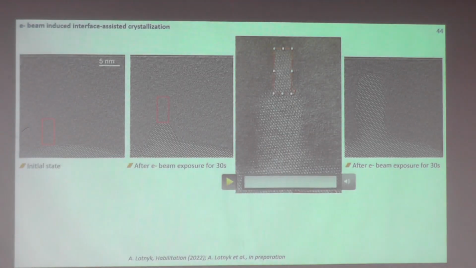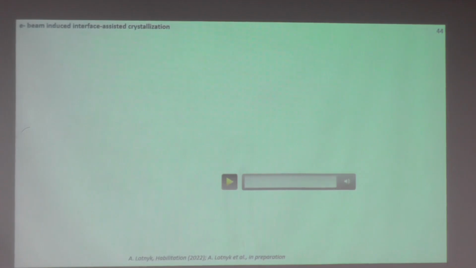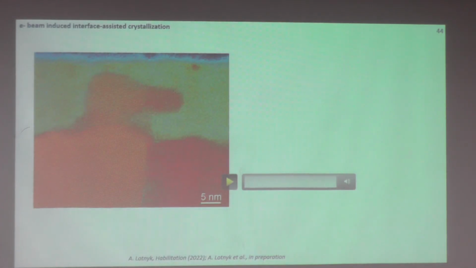We can also use this effect for creation of different structures and sculpturing of the amorphous GST. So here is one example.